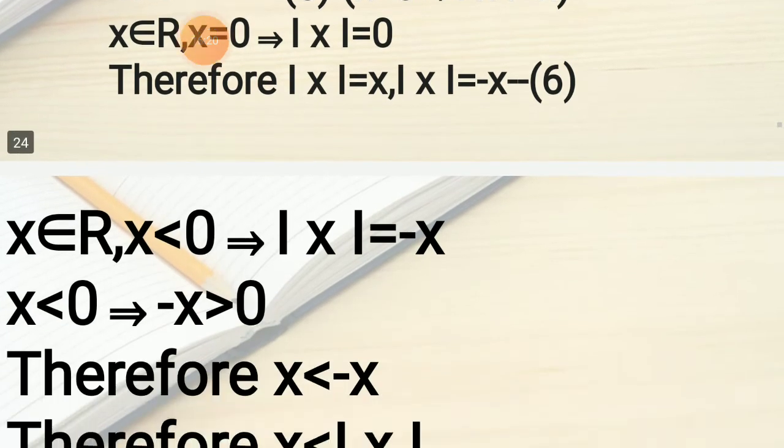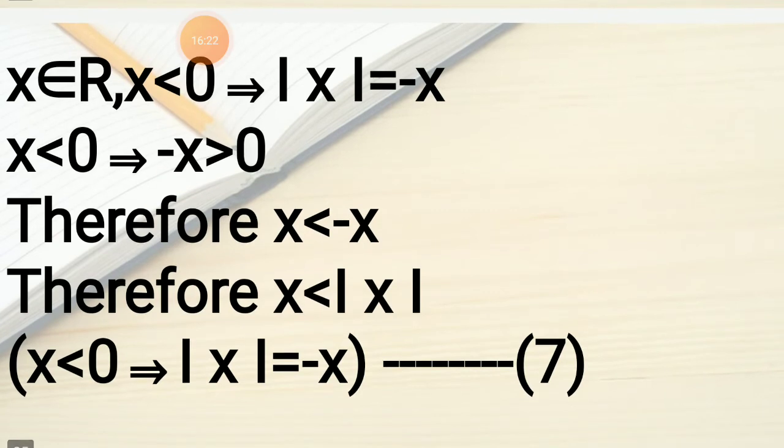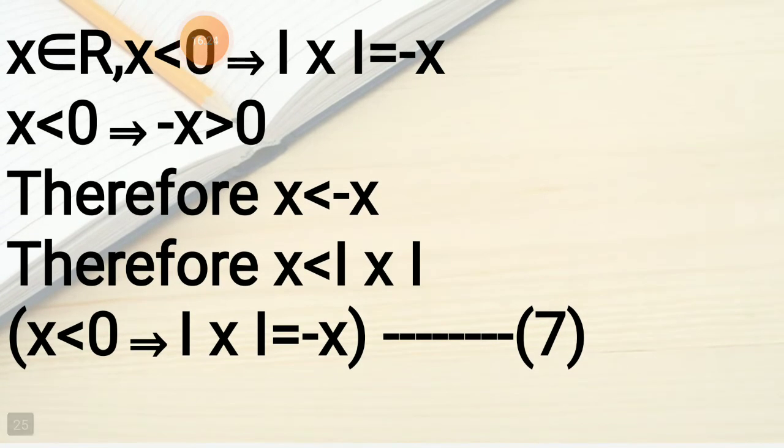This is the sixth equation. Whenever x belongs to R, x is negative, |x| is equal to minus x. x negative means minus x is positive. So x is less than minus x. But minus x means |x|. So x less than minus x becomes x less than |x|, because x less than 0 means |x| is equal to minus x.